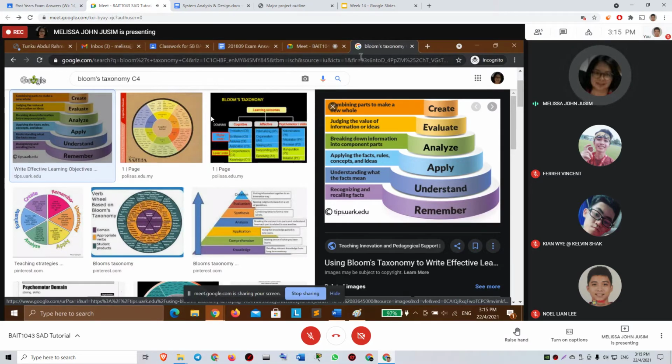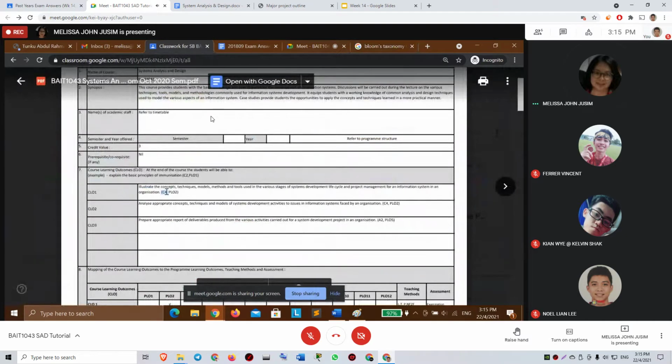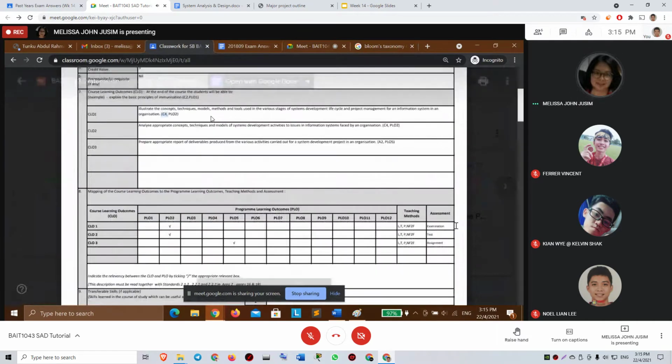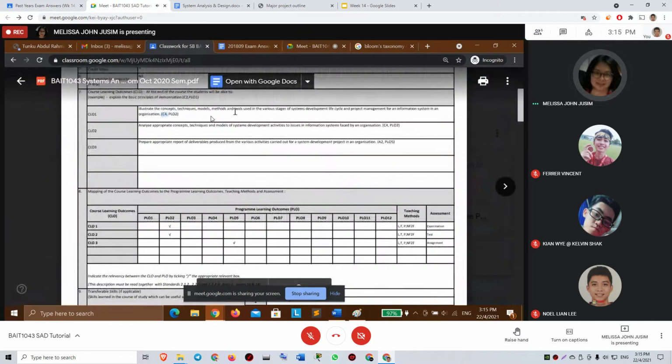But if you refer here, your exam is C4, covering various stages of the system development life cycle. Remember, we covered starting from system planning up until system operation. There are a lot of techniques, tools and models that we have covered, like fact-finding methods and fact recording methods.